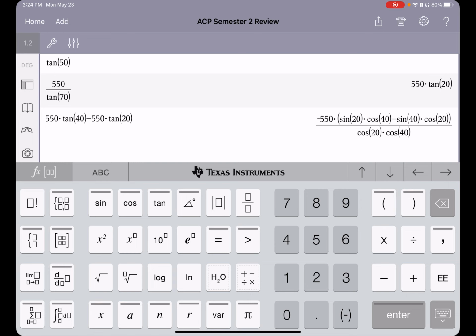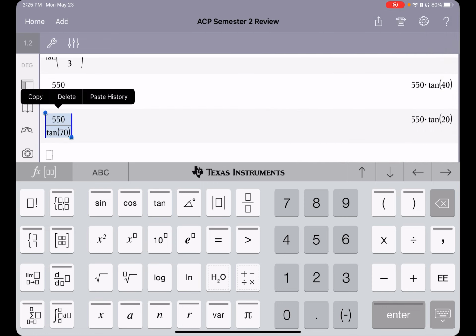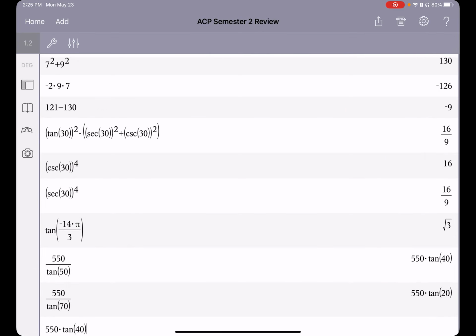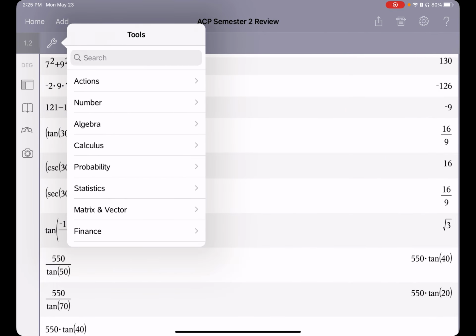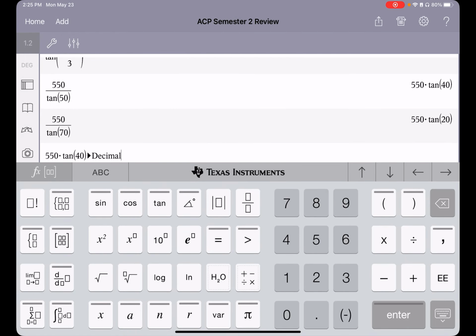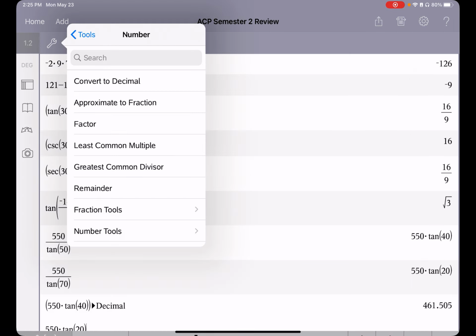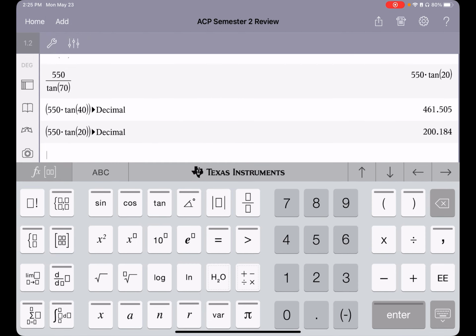Oh wait, maybe I can just convert it to a decimal. How do I convert it to a decimal? Okay. Convert to decimal. Perfect. And then the same for this one. Copy. Convert to decimal. Now for yours, it's going to be perfect. You're not going to have to do all this.